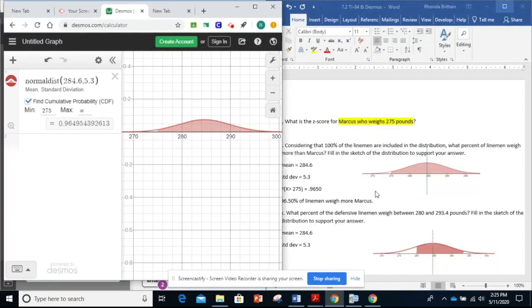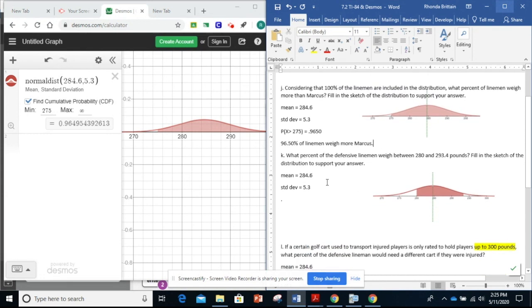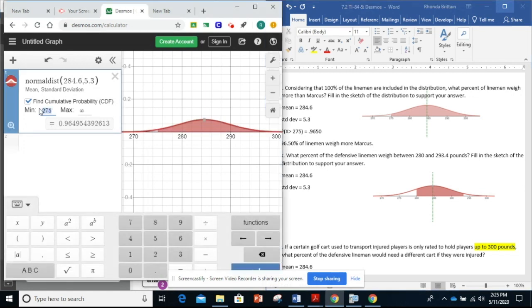Okay, now if we look at the next question, it says that we want to know what percent of the defensive linemen weigh between 280 and 293.4 pounds, and then also do the sketch. So if I go back to my Desmos, I can edit or add a new row, and I'm just going to edit this to be 280, and I want my maximum to be 293.